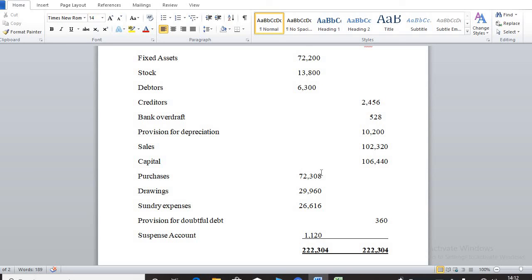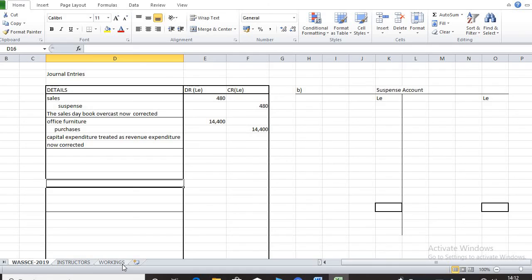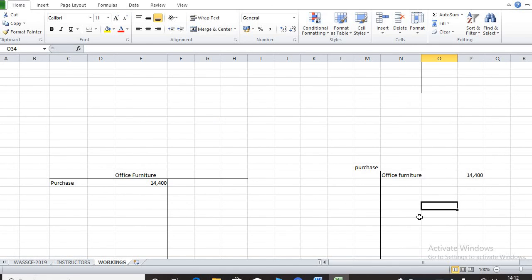So you have to reduce this figure and increase this figure by using the simple double entry principle. You have to open your T account for those accounts. You debit the one supposed to be debited, then you credit the corresponding account.